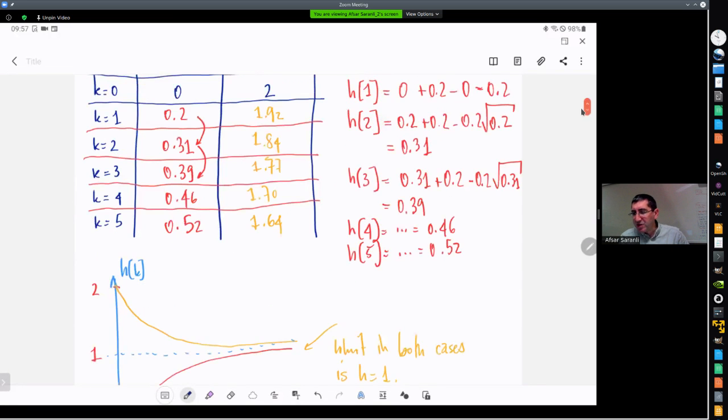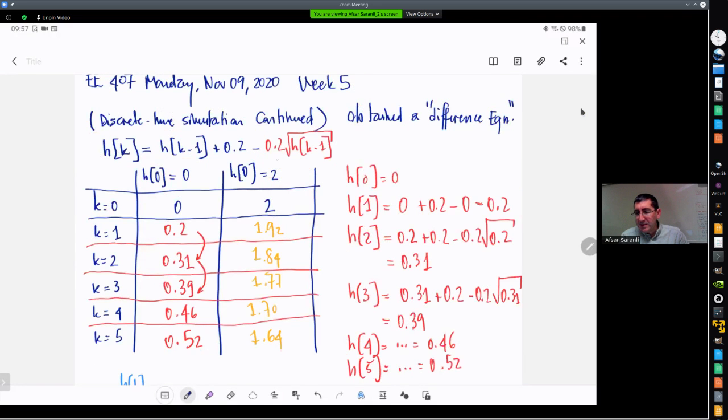Why? Because any value at time k of the state is expressed in terms of past values of the state and also the present value of the input. It's not attempting to use any future values in time. So this system is causal, but it has an initial condition, at least in the second column.